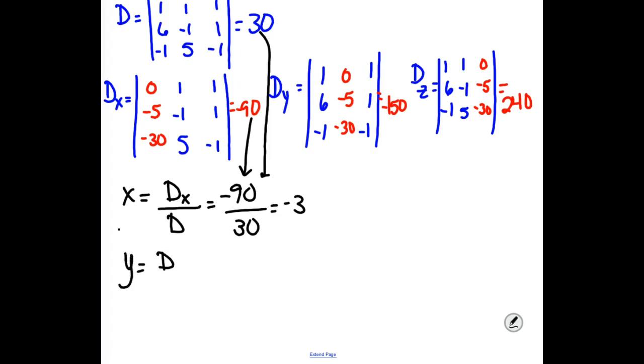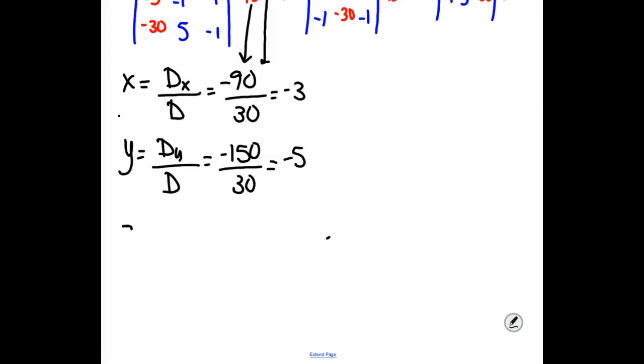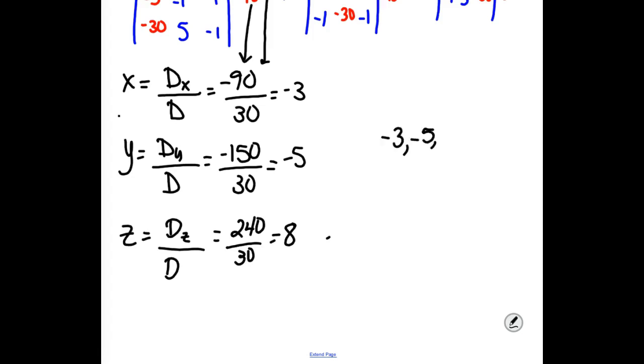Our y coordinate will be D sub y divided by D. D sub y was negative 150 divided by our 30, and we get negative 5. And our z coordinate, we want D sub z divided by D. We had 240 divided by 30, so we get 8. So the solution to this system would be negative 3, negative 5, 8.